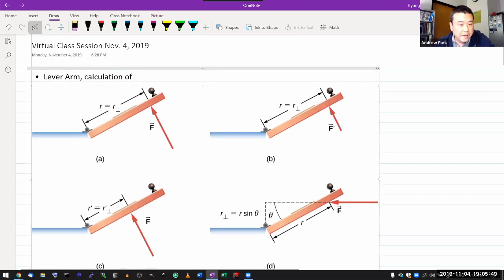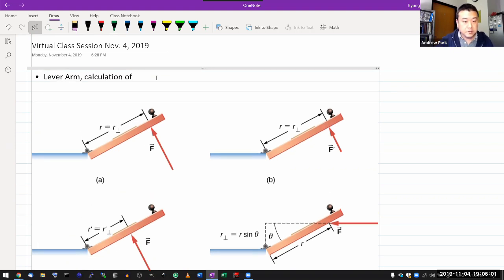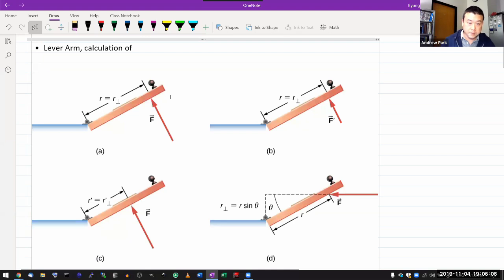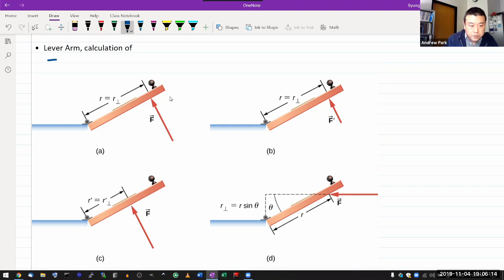torque, and I guess the place I should start from is locating the lever arm in the formula for torque. So this is what you have seen as the formula for torque. In the textbook and elsewhere, you see the definition of torque as displacement R cross product with the force vector.